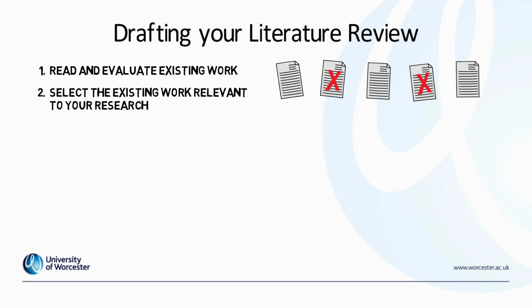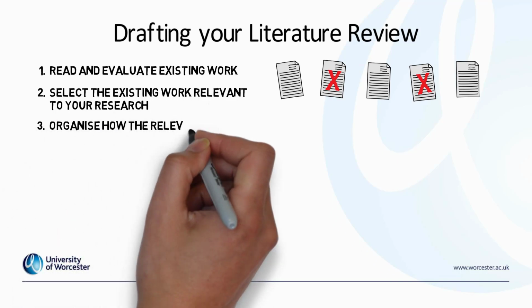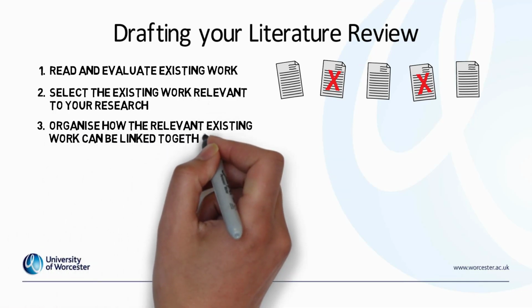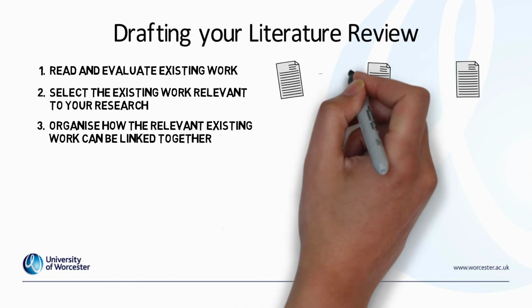Once you've selected the existing work relevant to your research, you then need to think about how you're going to organise this work and how you're going to link it together, because you need to ensure that you develop a narrative guiding the reader through the arguments you're developing.